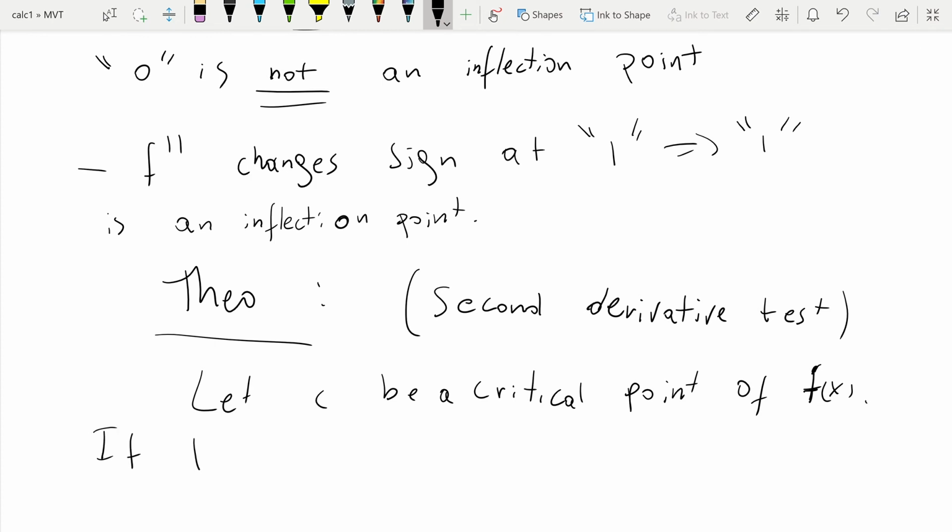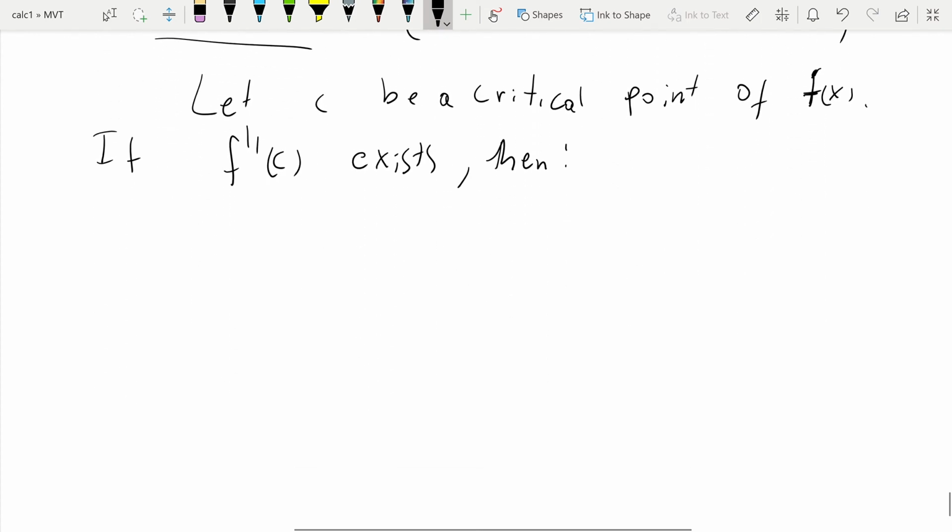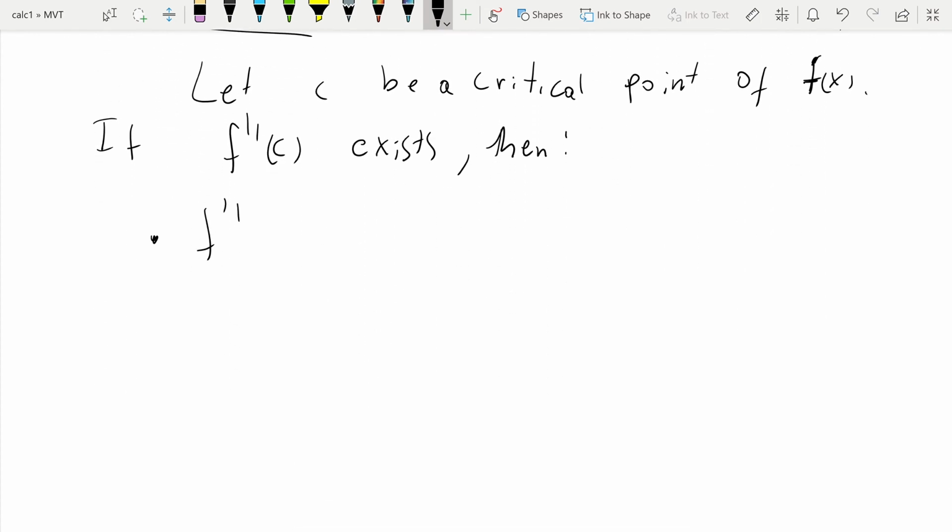Then if f double prime exists at the point, so you can evaluate f double prime at C, and this is assuming the second derivative is continuous, then if f double prime at the point is greater than 0, f of C is a local min.